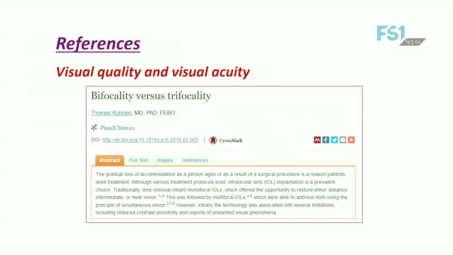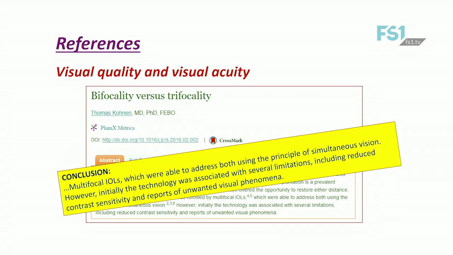Another article is bifocality versus trifocality, published last year in 2016 by Thomas Conan. Basically in this article he says that with bifocal and trifocal lenses there are always patients with some complaints, and some patients who get really perfect results, and some patients who still complain about contrast sensitivity and unwanted visual phenomena.